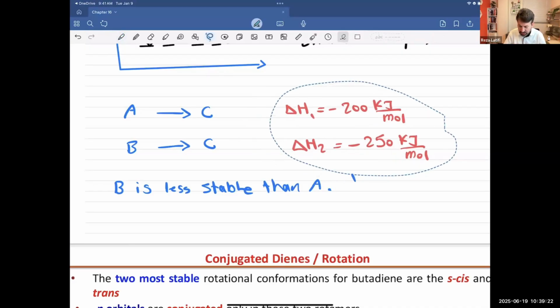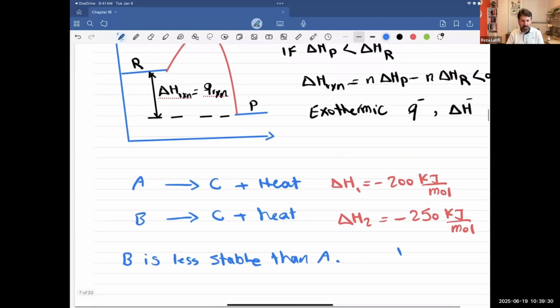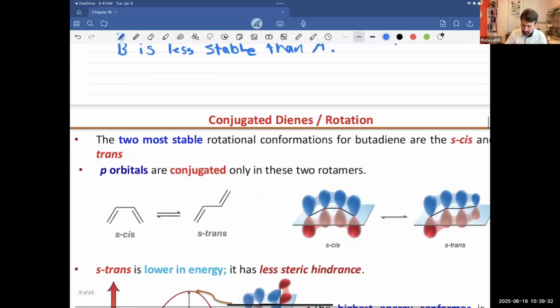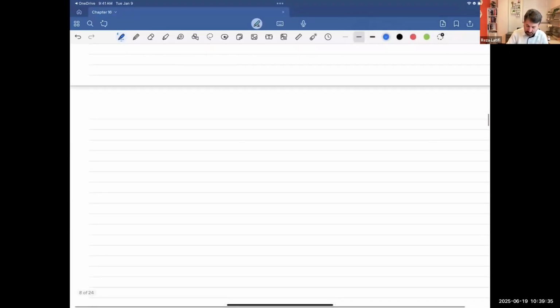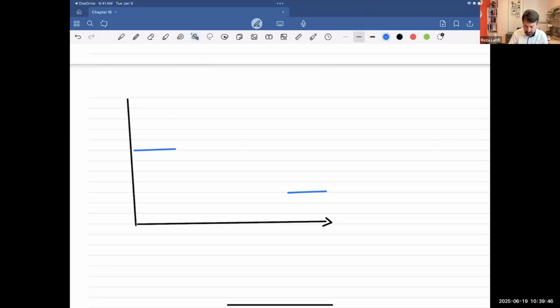Why? Because when we turn it to C, we got more energy. I'm going to say this one gave me heat, that one also gave me heat. So where do I put A and B? The way I'm going to position those two, I will draw a graph and say this one is C. Let's say that one is going to be A, and B, I'm going to put somewhere here.